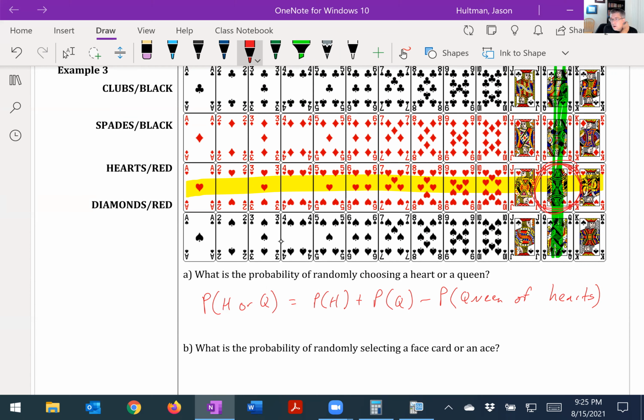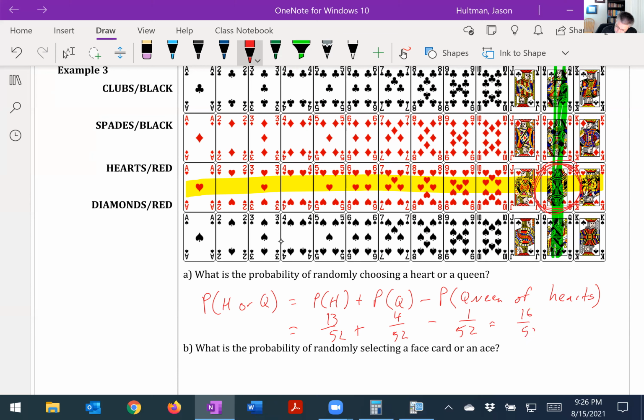What's the probability of getting a heart? Well, how many hearts are there? There are 13 hearts, ace through king is 13. So this is 13 out of 52, plus how many queens are there? There are 4 queens, 4 out of 52, minus that one queen of hearts that ends up being in both categories. So 13 plus 4 is 17, minus 1 is 16.